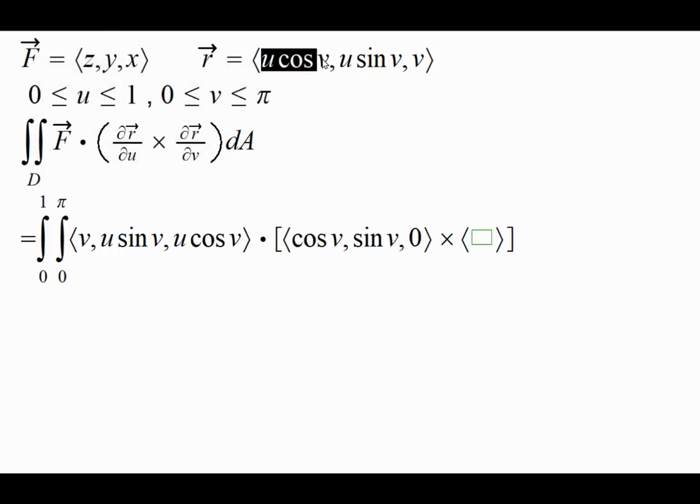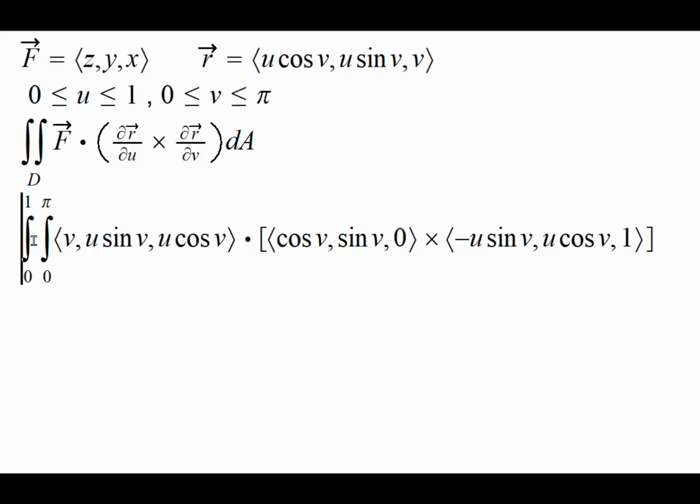When we differentiate this with respect to v, we get negative u sine v, then u cosine v for the second component, and then for the third component we get 1.